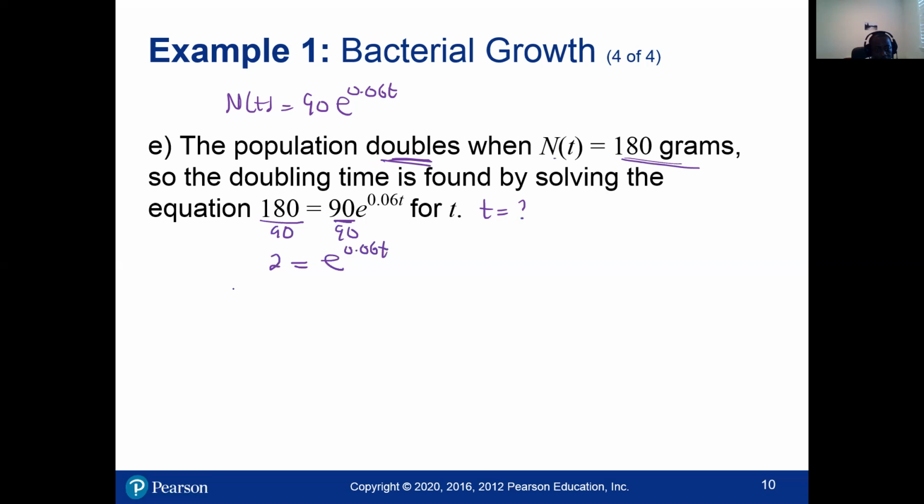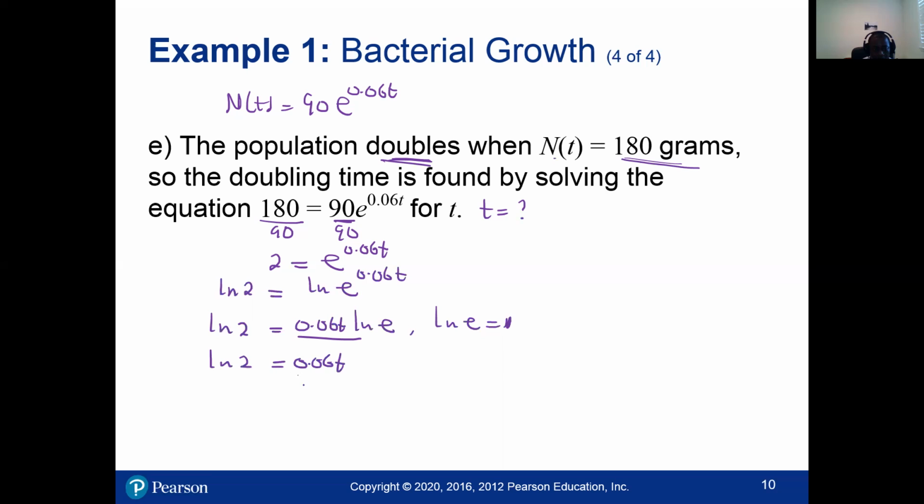All right. Again, take natural log on both sides. You have natural log of 2 is equal to natural log of e^(0.06 T). The right-hand side becomes 0.06 T times natural log of e, and natural log of e is equal to 1 because the base is e. So 0.06 T is equal to natural log of 2.